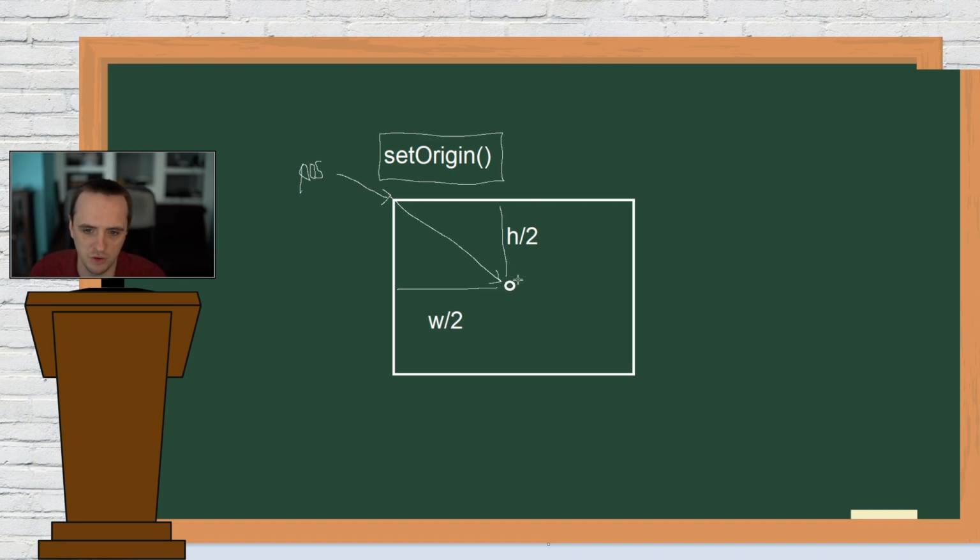That way we move the origin right here. That tells SFML that when we draw this, we're drawing it with respect to the middle of the sprite. Also, if we use the rotate function in SFML, it rotates about the origin. Let me give one more example.